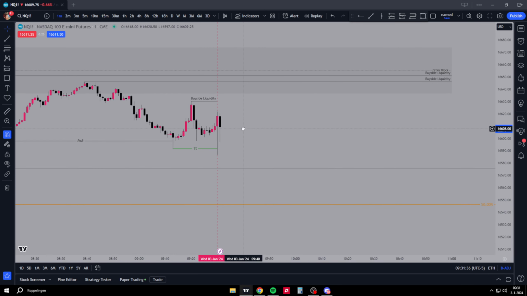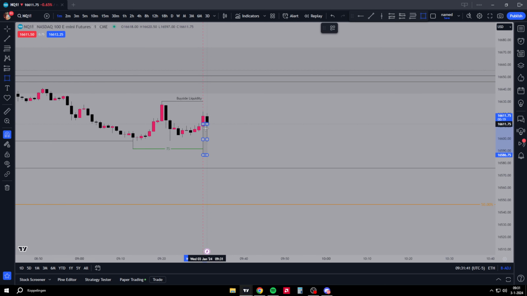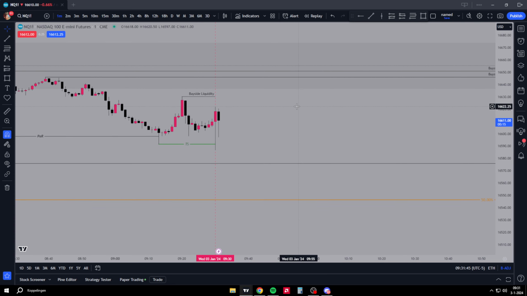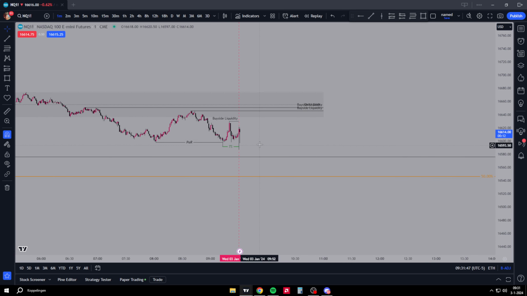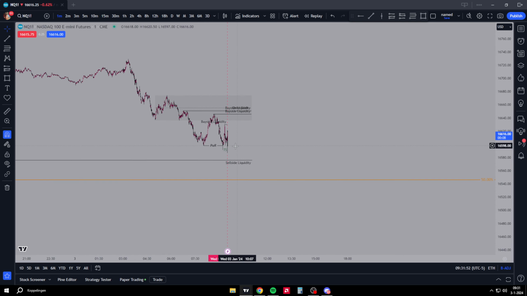All right, I want to see a push up. Yeah, this. All right, we did tap into the mean threshold or consequent encroachment. Let's mark out sell side liquidity here so we can see it.